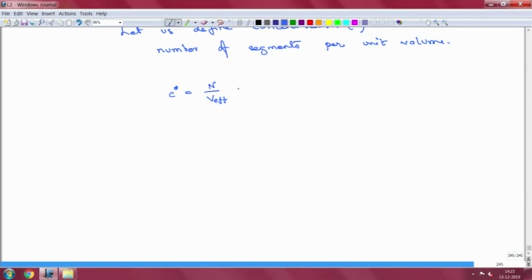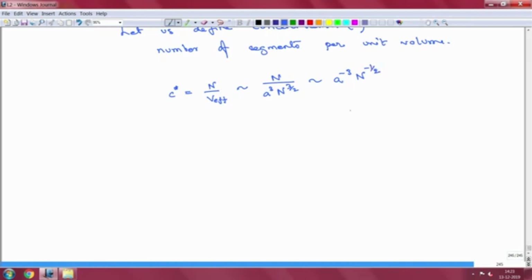So, this gives us n divided by the effective volume, which we just saw scales as n to the 3/2. So, C star scales as a to the power minus 3 n to the power minus half.